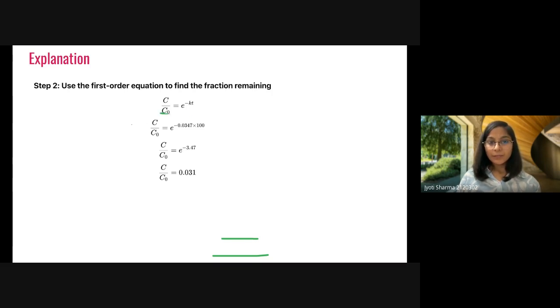This is the integrated form of your first order reaction, and we have to put in our t value. We know the k value we have already calculated. Then this is the fraction of your pesticide concentration that will remain, and this is 0.031. This is how we can calculate, right?